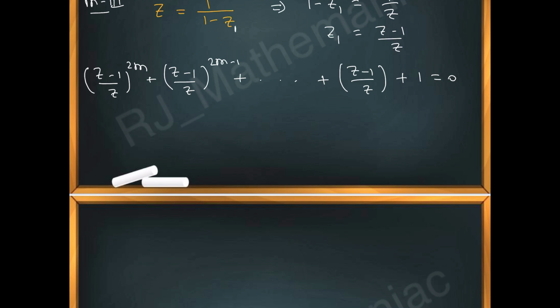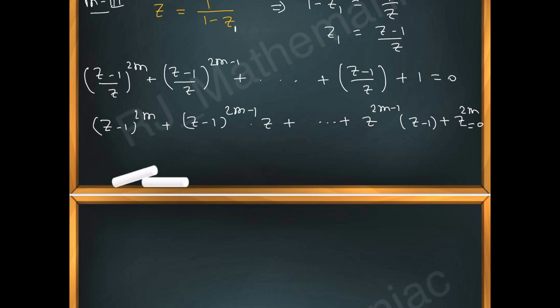Now if I simplify this, I'll get (z minus 1) power 2m, (z minus 1) power 2m minus 1 with one z multiplied because I'm taking the LCM, and so on. You will get z power 2m minus 1 into (z minus 1) plus z power 2m equal to 0.